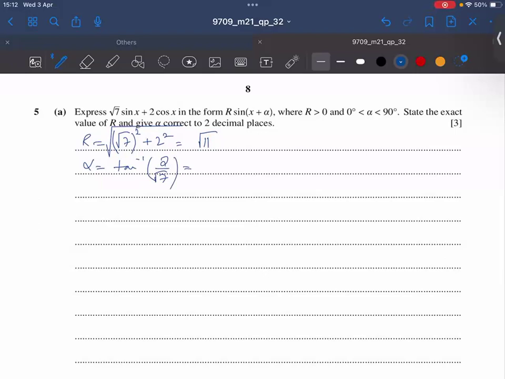What's the value that you are getting in degrees? Set your calculator in degree mode. Two over under root of 7.